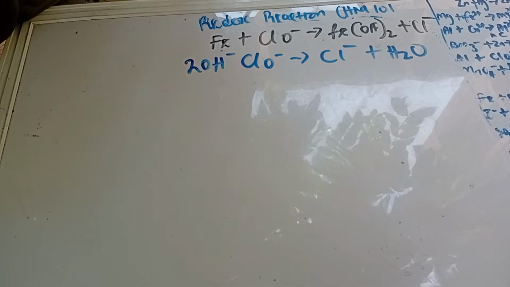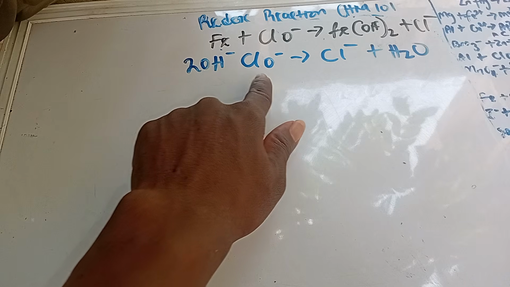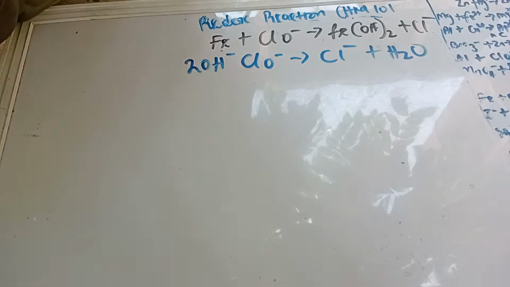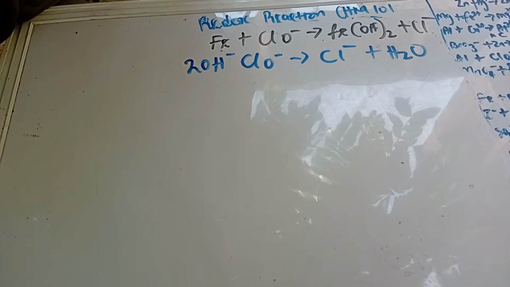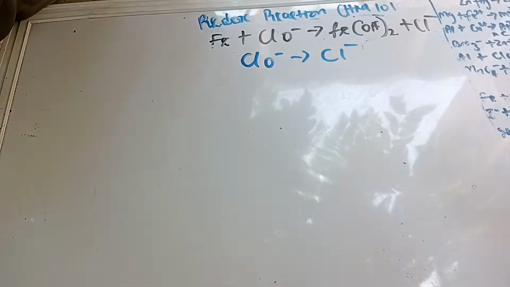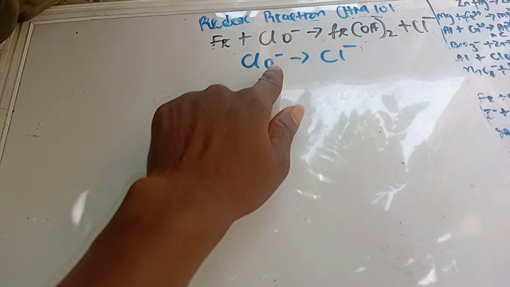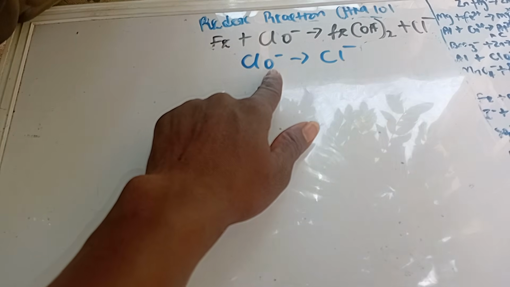Now let's see what is happening here. Hydrogen is now 3. Sorry about that. In basic medium, always add the water to the side that has more hydrogen.